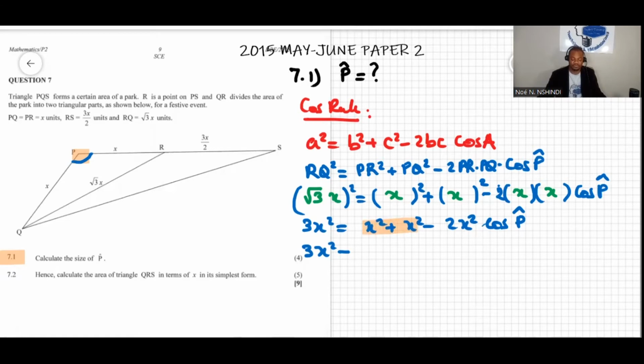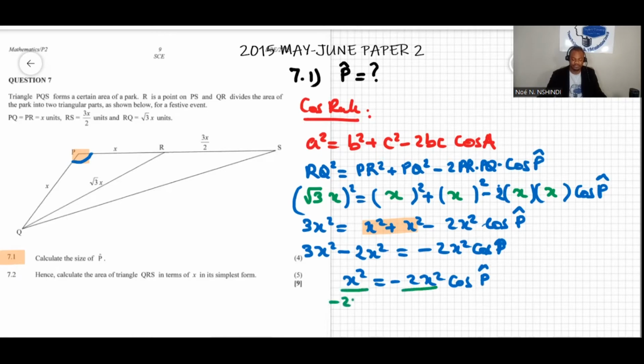If I move them over, that makes 2x squared equal to negative 2x squared cos of the angle P. Then x squared equals negative 2x squared cos of P. Now we can divide both sides by negative 2x squared.